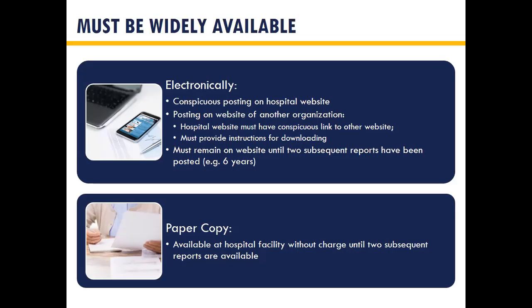You can meet this requirement by having your report posted on the website of another organization. However, it's not enough. You can't just say, well, it was out on my parent company's website, or it was out on the Office of Rural Health's website.